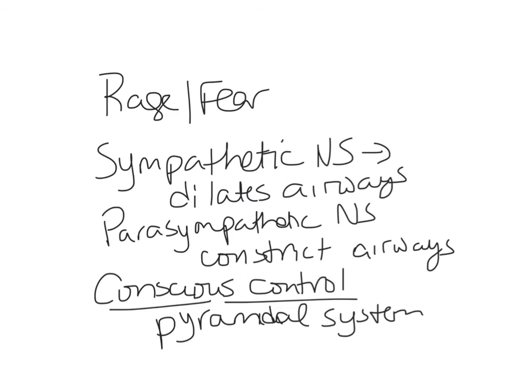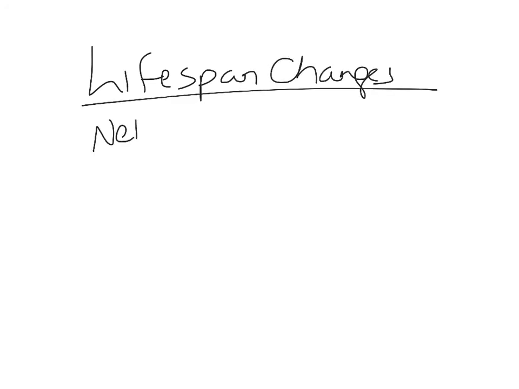All right, so then let's look at some changes across the lifespan. Let's first talk about newborns. Right before that baby is born, the pulmonary vessels are collapsed, and the diaphragm and the intercostal muscles aren't even working.